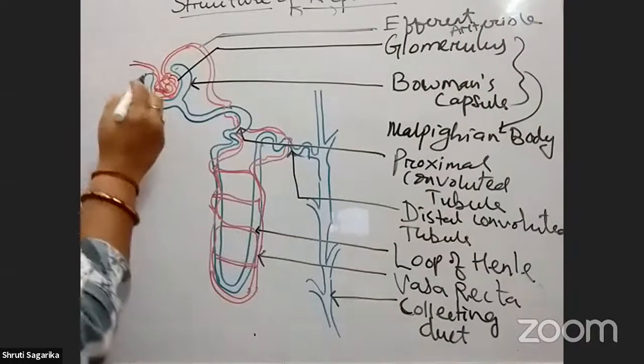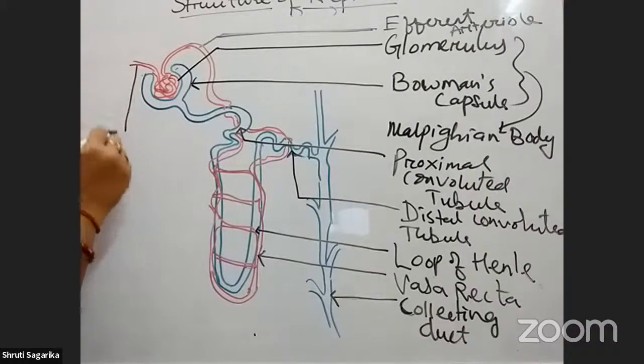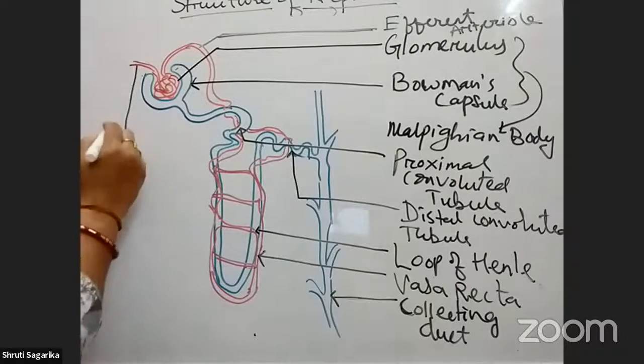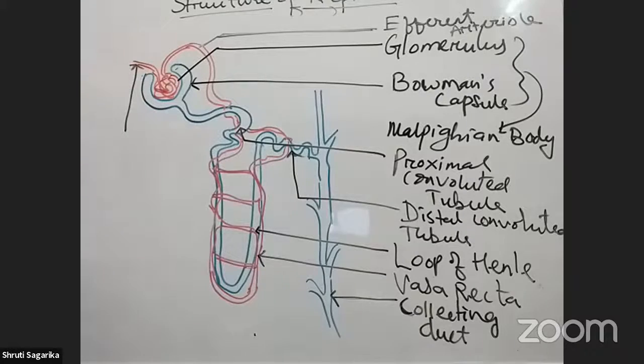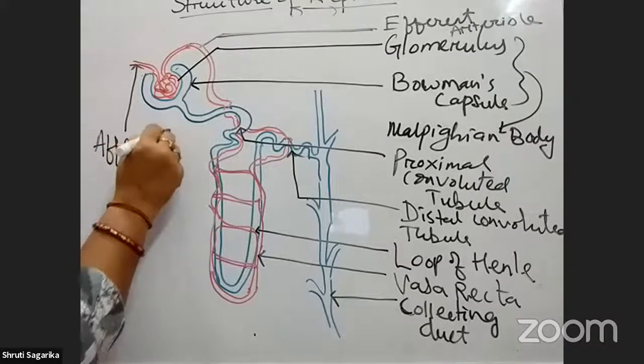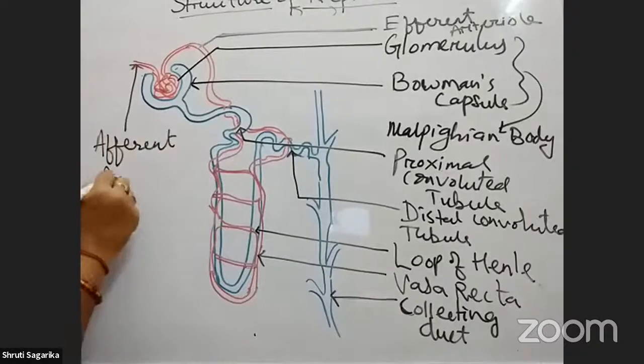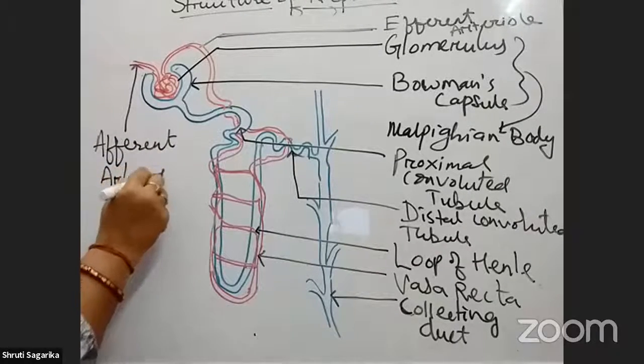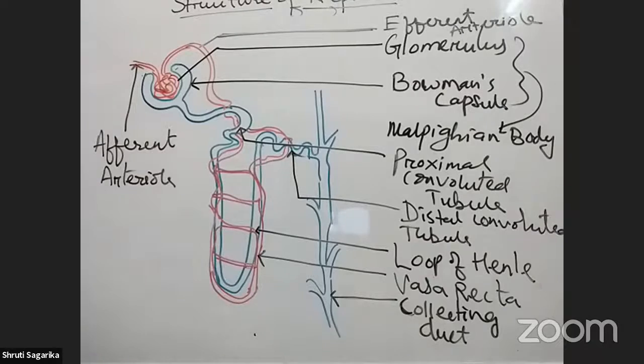And this part, the entry tube, I'm just writing here, this is not the correct way of labeling, as space is not there. This is the afferent arteriole.